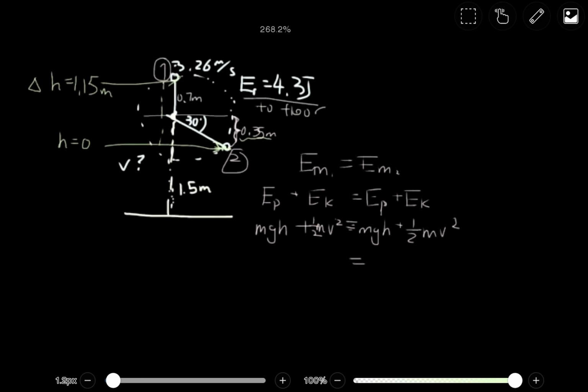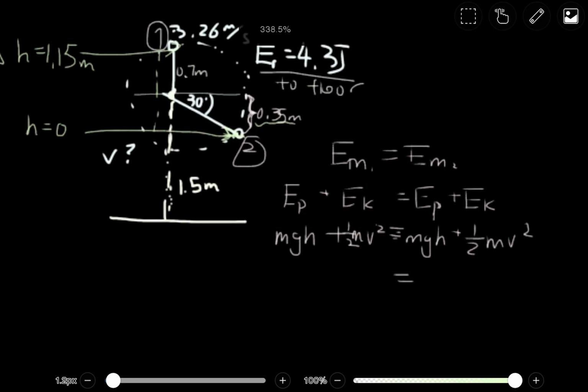So the fast way to do this is, we know the potential energy's height is going to be 1.15 meters. And you can just put the m and g in here. I won't do that since I've already calculated it, but you can. I'm just showing you the confusing parts.